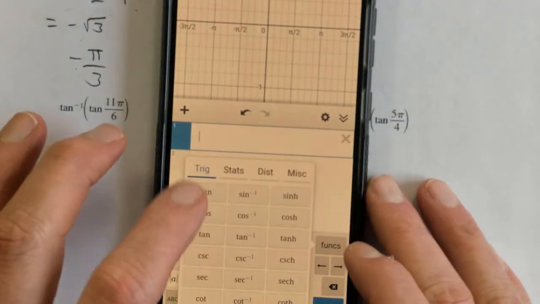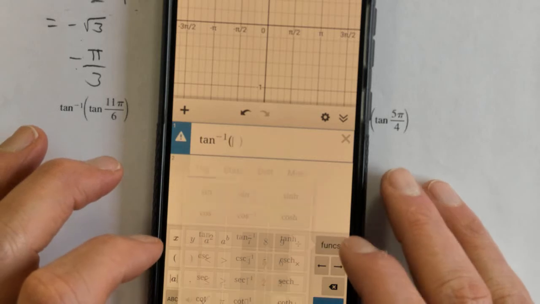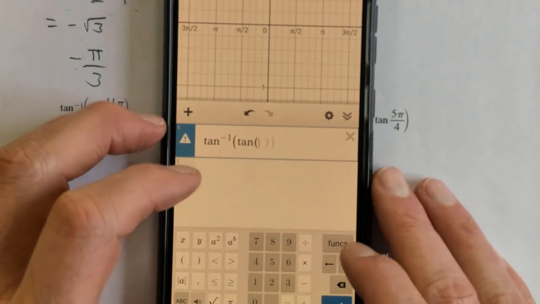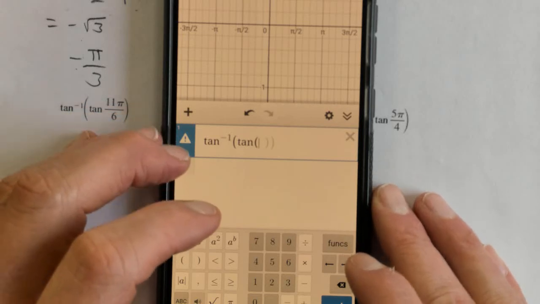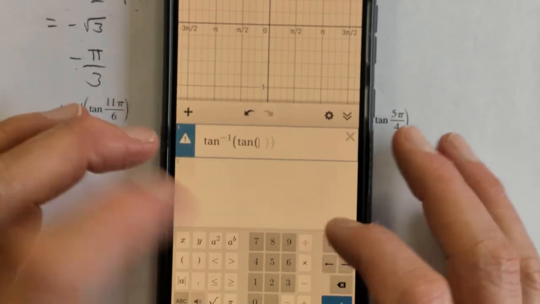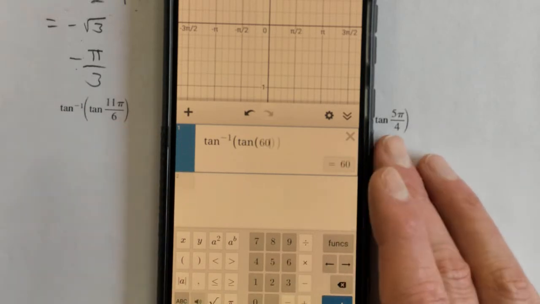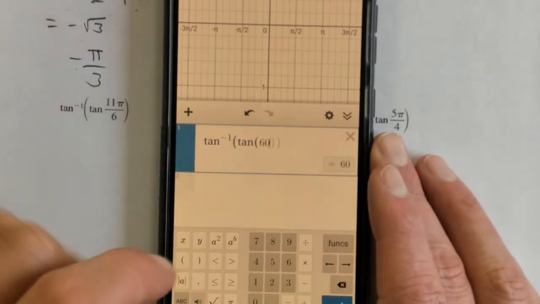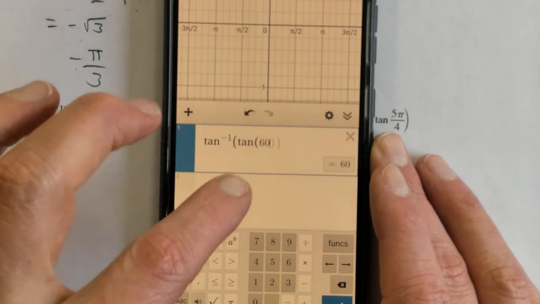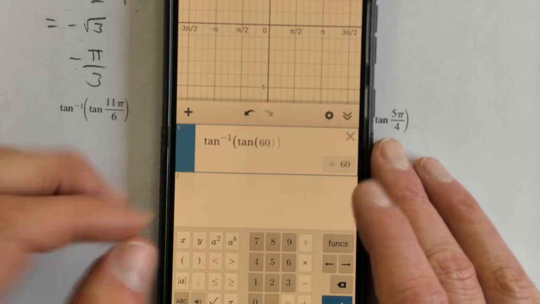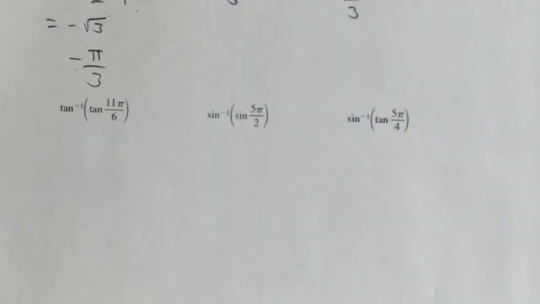If I did inverse tangent of the tangent of, let's say, 60 degrees, what do I get? I get 60. Why? Because these undo each other, right? The tangent of 60 takes this to some number, and then inverse tangent of that number takes it back to 60. They're inverses, right?